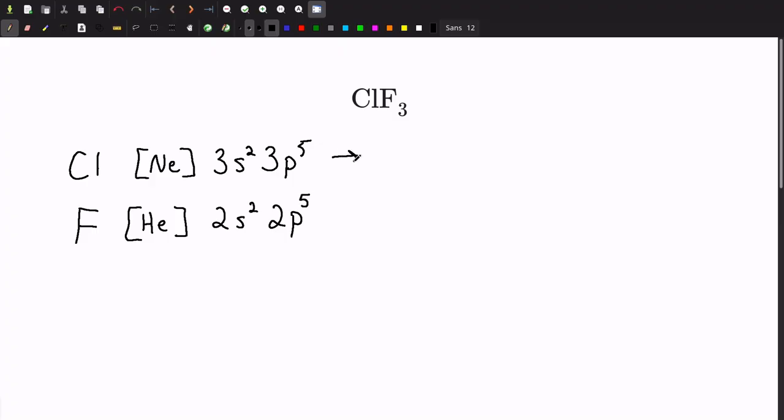We can get the valence electrons for these guys by summing together these superscripts. So this guy's going to give me 7 valence electrons, and this guy is also going to give me 7 valence electrons.